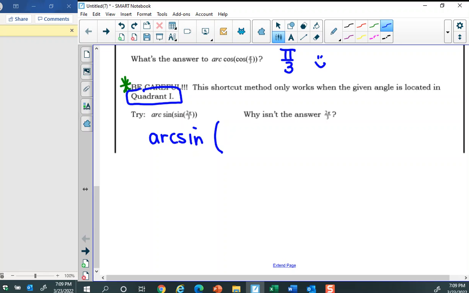Okay, and the sine of 2 pi over 3 is root 3 over 2. When I answer this question, I have to give a quadrant 1 answer. Inverse sines come out of quadrants 1 and 4. That's so they act as functions, so they only have one answer. So the inverse sine of root 3 over 2 is pi over 3.